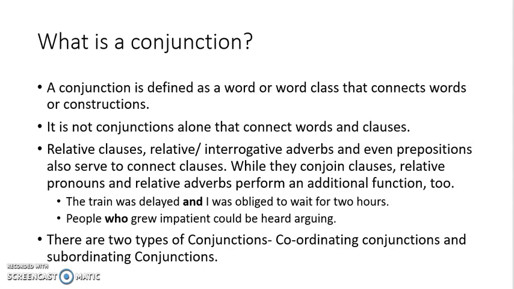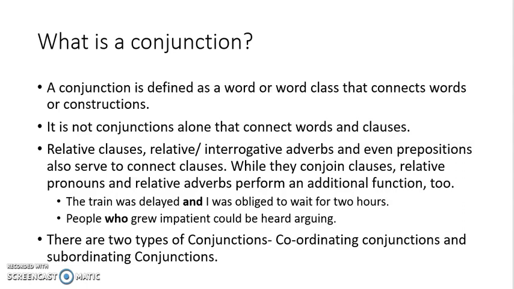When you look into the example, the train was delayed and I was obliged to wait for 2 hours, in that particular sentence, and is simply used to connect two sentences. So it's simply functioning as a conjunction there.